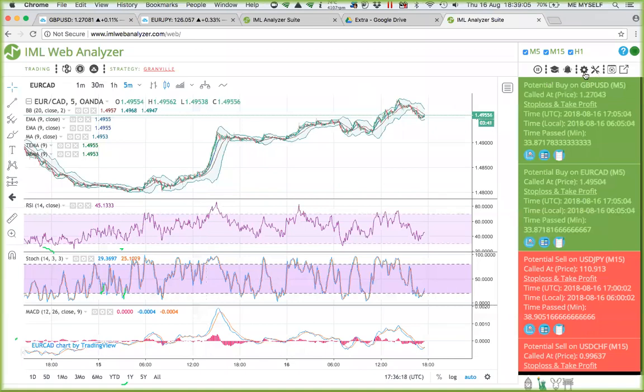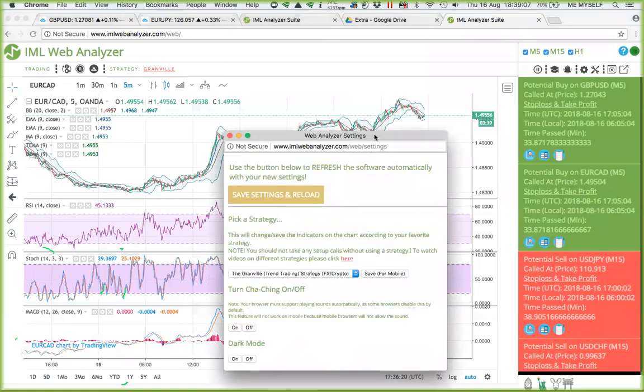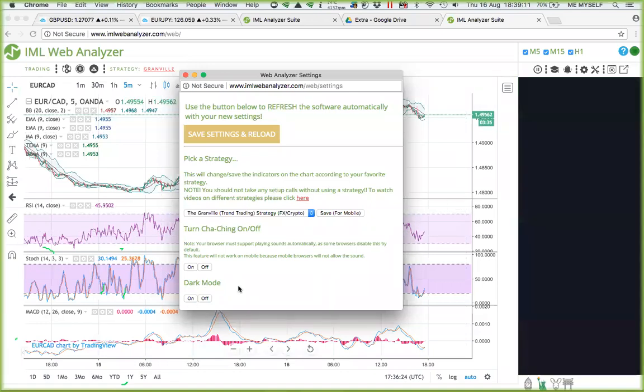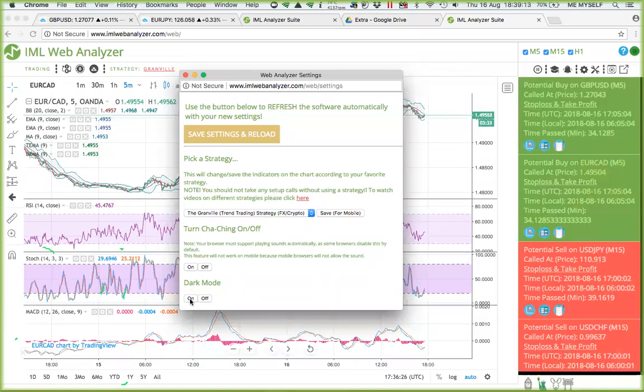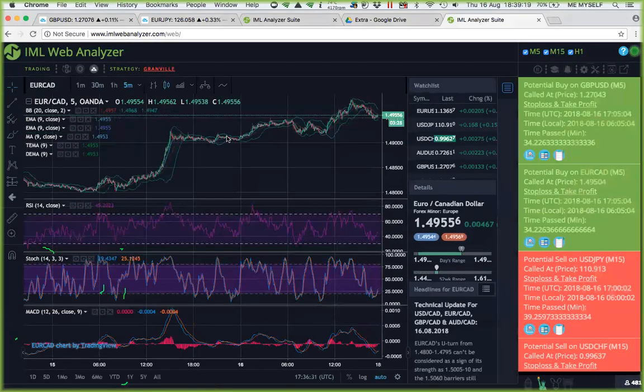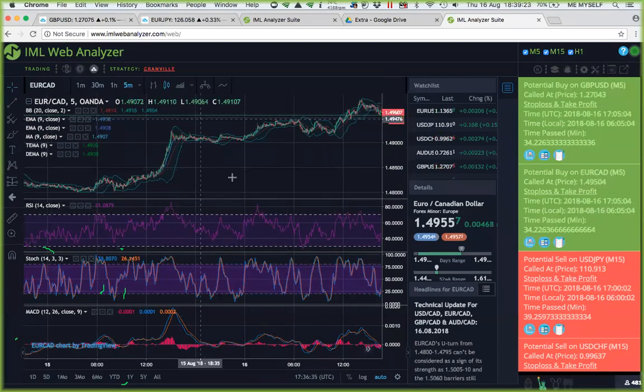I prefer a darker background, so I go back to the settings button, click dark mode to be on, and hit save and reload settings. All right, so we have a darker background here.